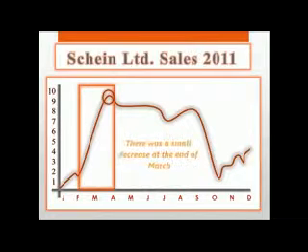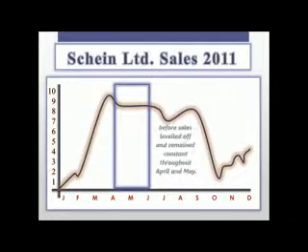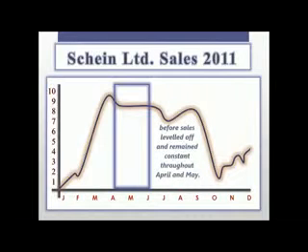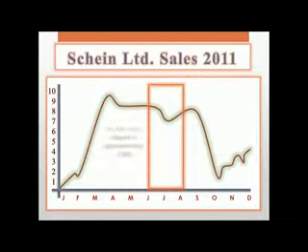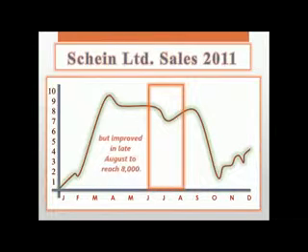There was a small decrease at the end of March before sales levelled off and remained constant throughout April and May. In July, sales dipped to approximately 7,000, but improved in late August to reach 8,000.